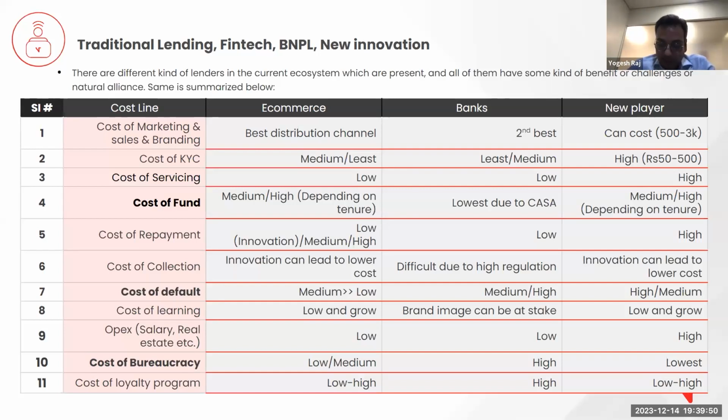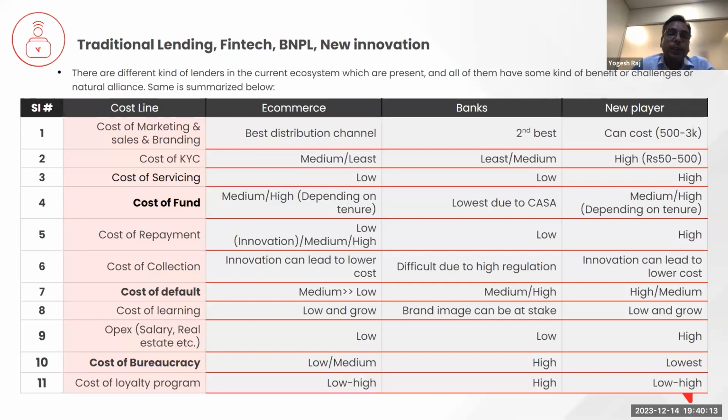If you have seen the recent phenomena, many existing companies in different ventures are trying to get into lending. For example, Flipkart started PhonePe, PayU started LazyPay, and many such companies are starting this.